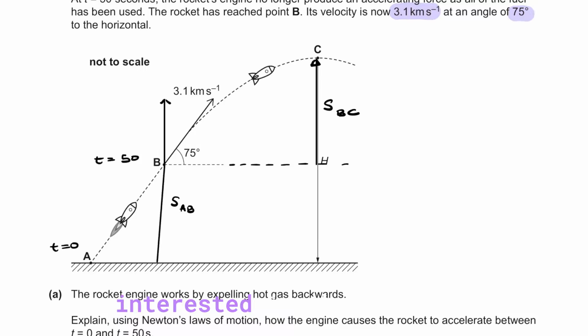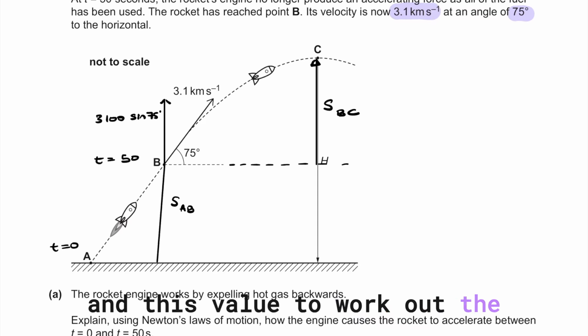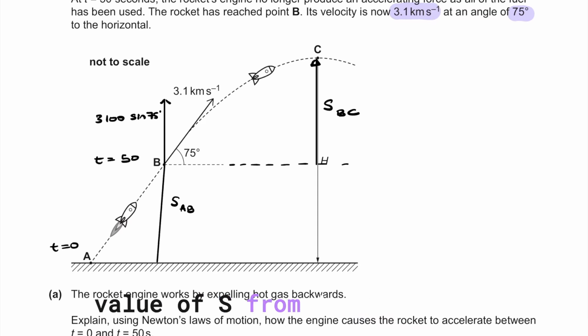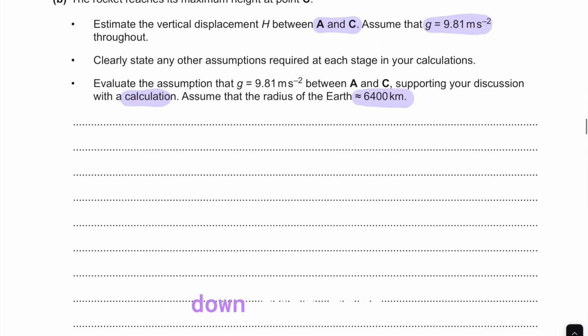I'm just interested in the vertical component of the velocity, which is going to be 3,100 meters per second times sine of 75 degrees. And I'm going to use the time and this value to work out the value of S from A to B. So let's write this down over here.